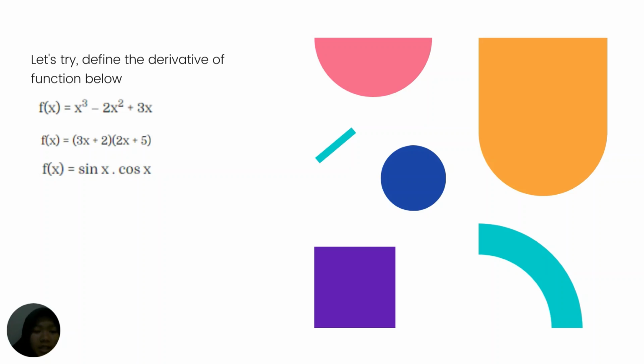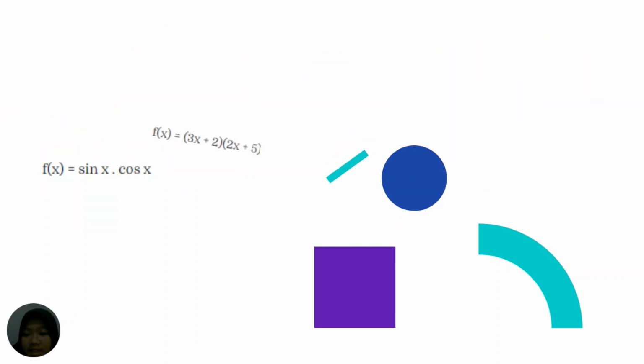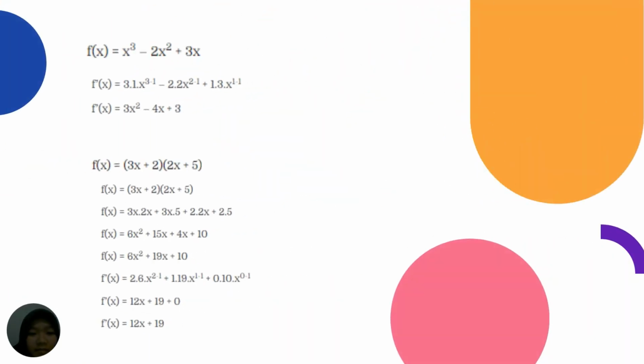There are f(x) is x to the power of 3 minus 2x to the power of 2 plus 3x, and then f(x) is (3x plus 2) times (2x plus 5), and then f(x) is sin x times cos x. Okay, let's try.